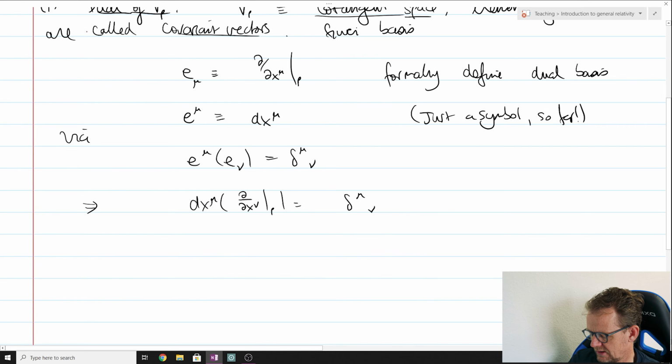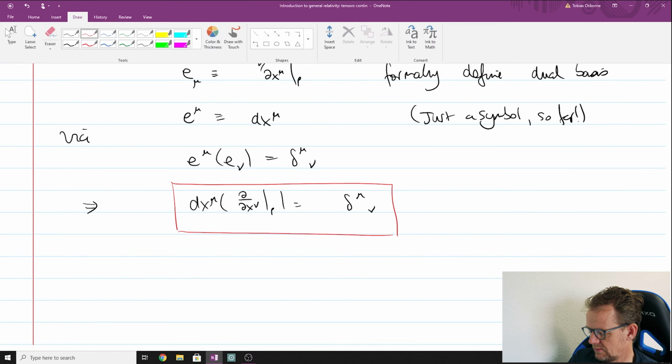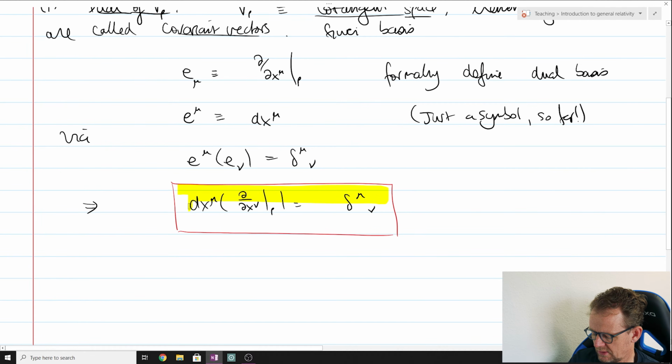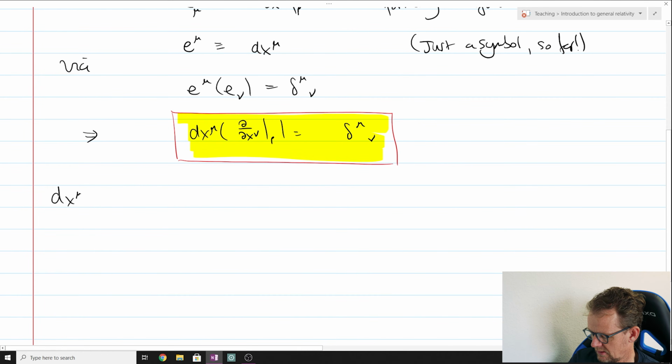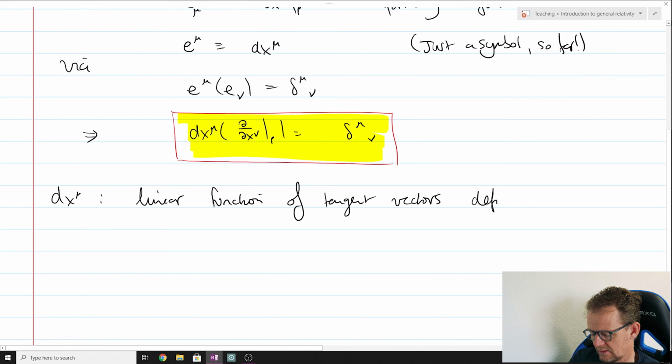Now again, I want to stress dx mu is a notation, nothing more at this point. It's a highly suggestive notation, but don't look to interpret it any further. Dx mu is a symbol, it's a linear function of tangent vectors defined by star. Nothing more, nothing less.